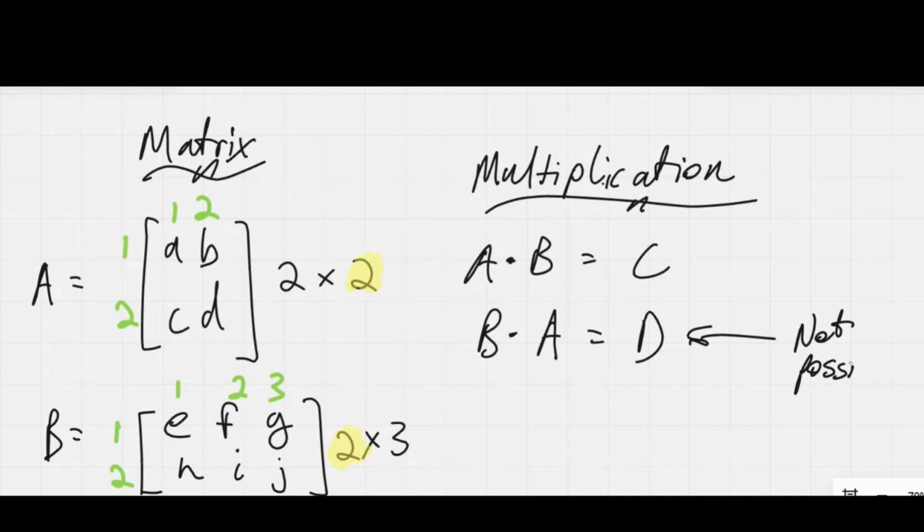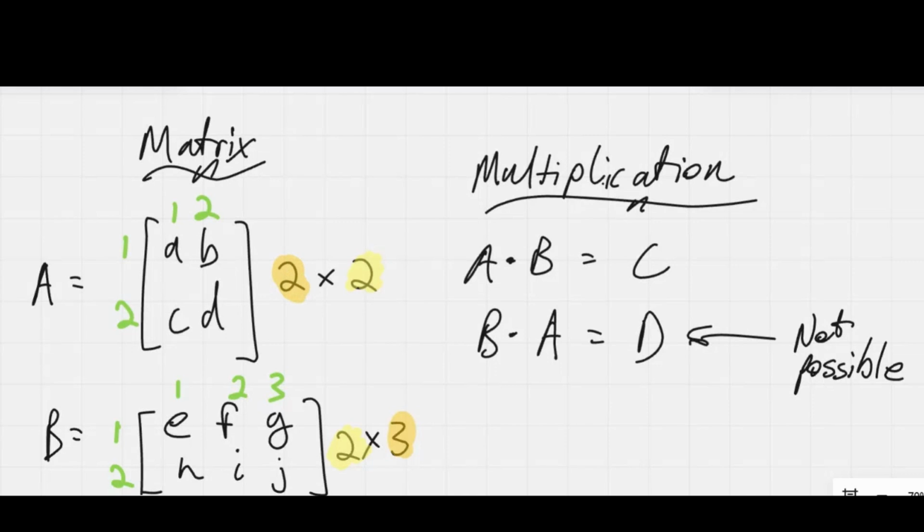And that's simply because if we were to do that, then the number of columns in matrix B does not match the number of rows in matrix A. And so while A times B might be possible, matrix multiplication wise, B times A would not be possible. And so this idea of the commutative property does not really apply to matrix multiplication 100% of the time.